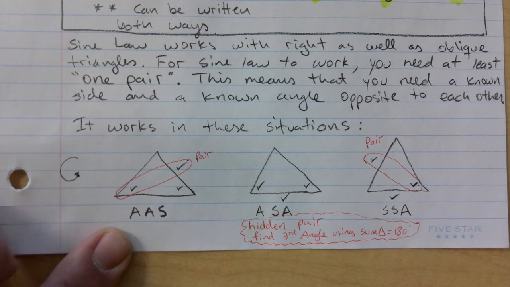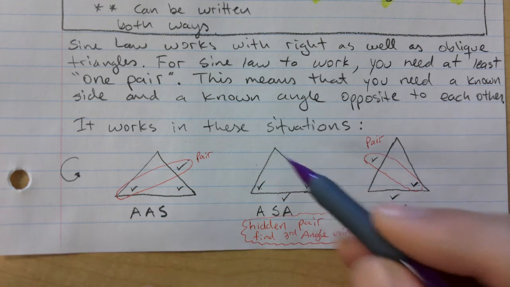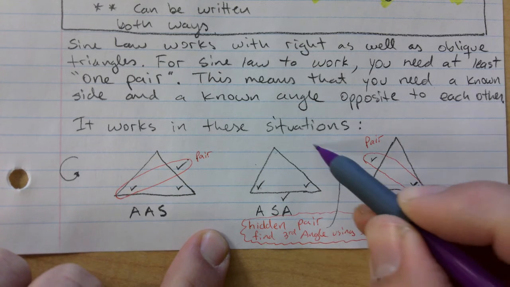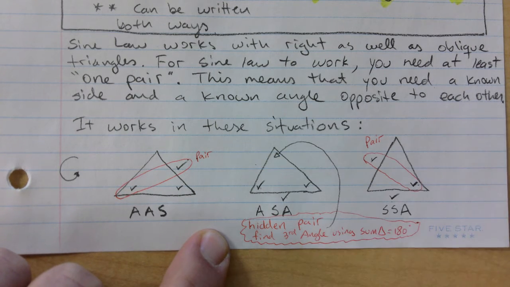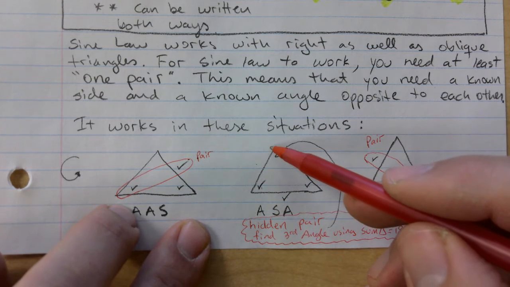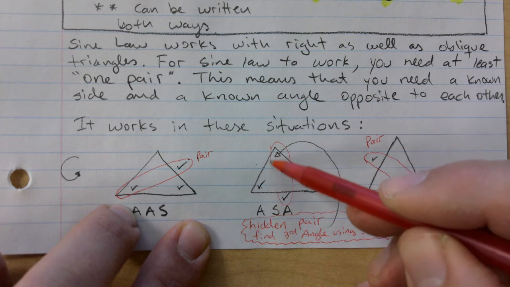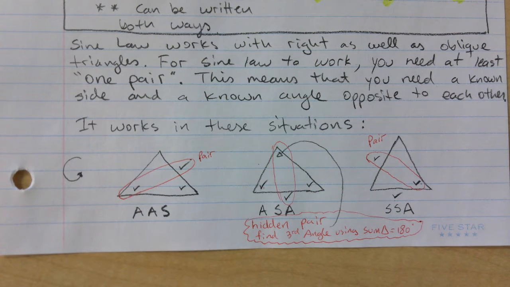At first you're going to be like, wait a minute, I'm stuck, I can't do it. It's like, no, you can. It's just that extra step to find that third angle there, and then you would actually end up with a pair. So it's called the hidden pair.